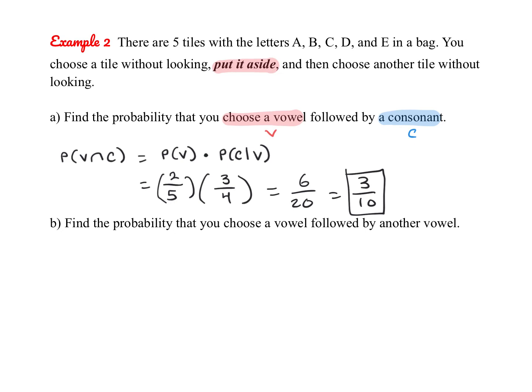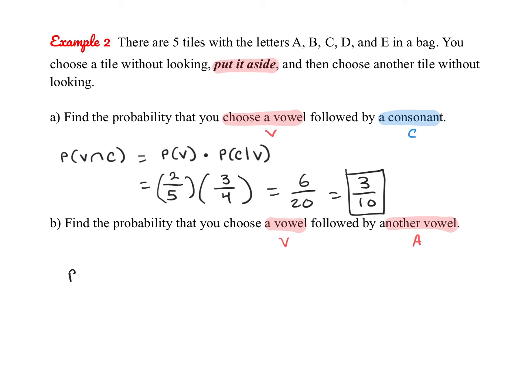All right, so now let's look at part B. Here, find the probability that you choose a vowel followed by another vowel. I'll call this event V, and maybe I'll call this event A, meaning another vowel. It's not the same event twice because these are dependent events, and the second pick depends on what happened in the first pick.